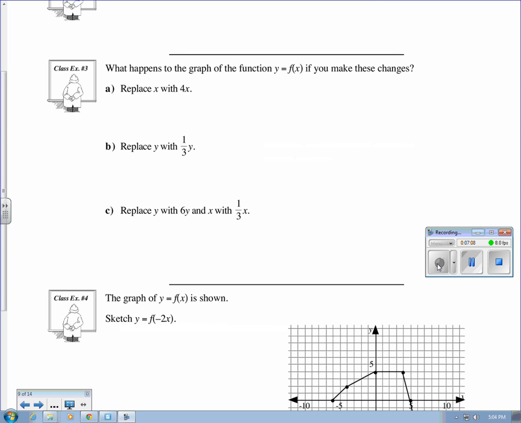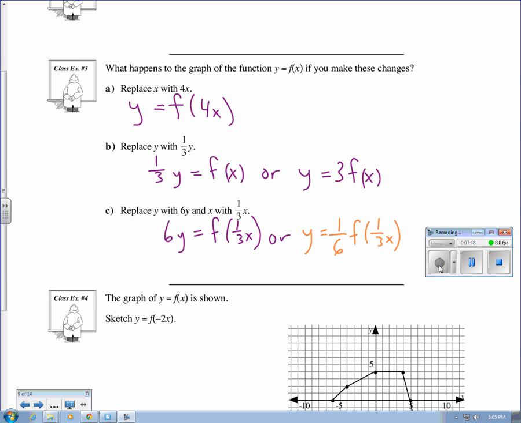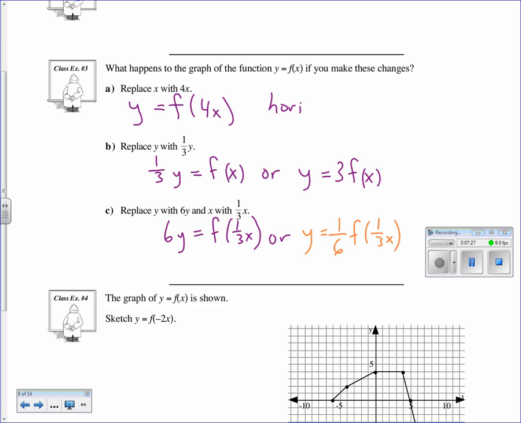So I'm going to write down the equations and then see if you can figure out the stretches for class example 3. Now we need explanations. That 4x results in a horizontal stretch of 1/4 about the y-axis.